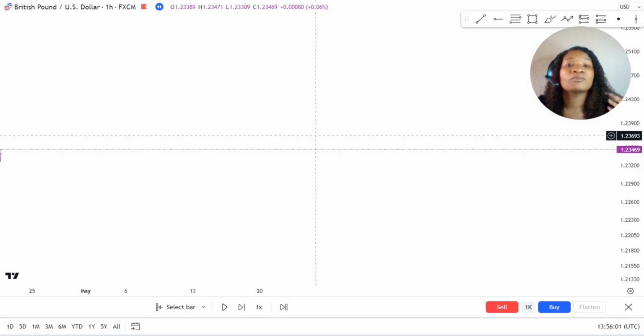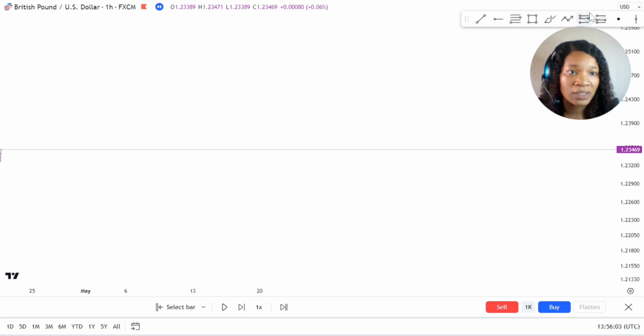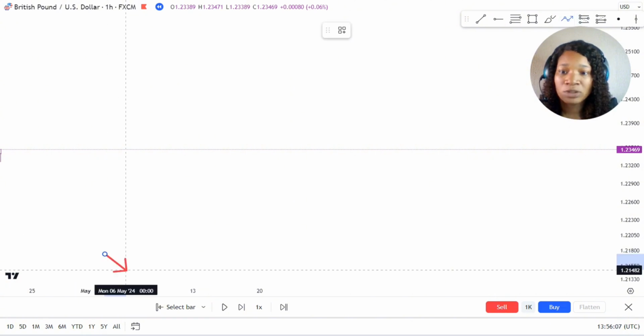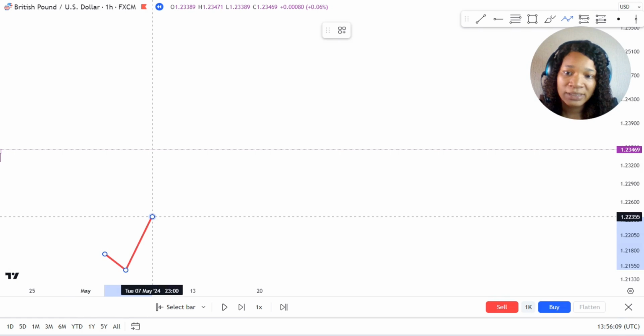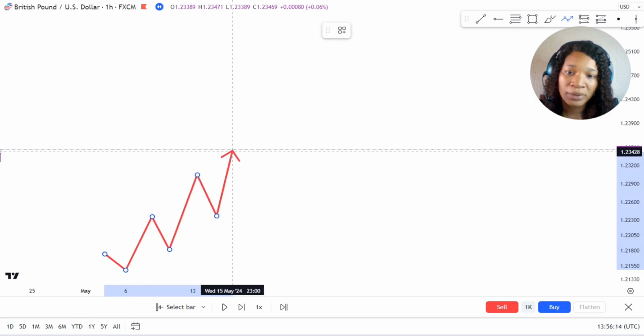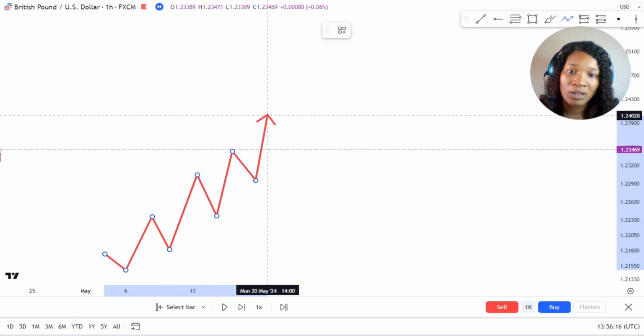Let me give a quick explanation of break of structure. Let's say price is going in an uptrend. This is what I mean by break of structure.